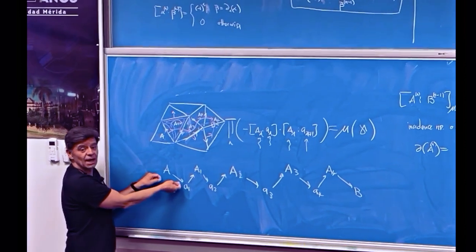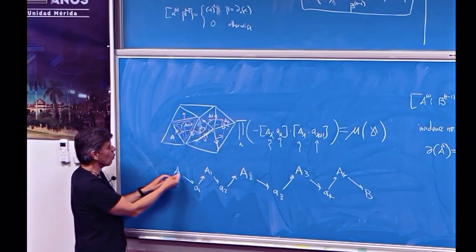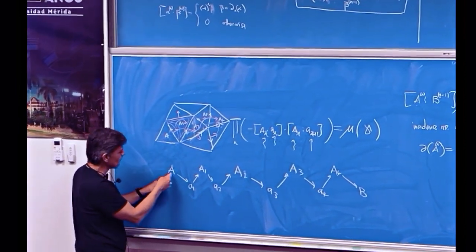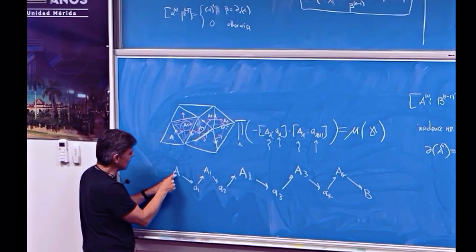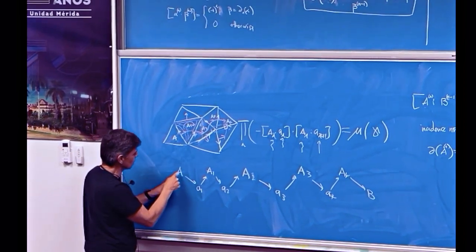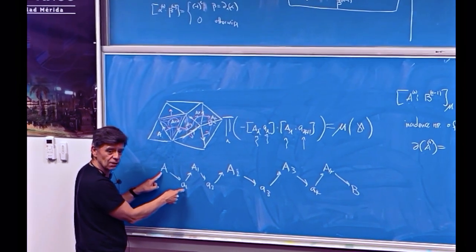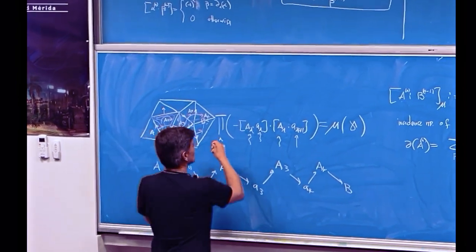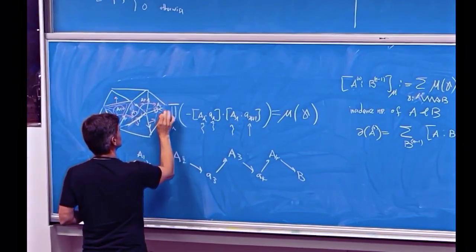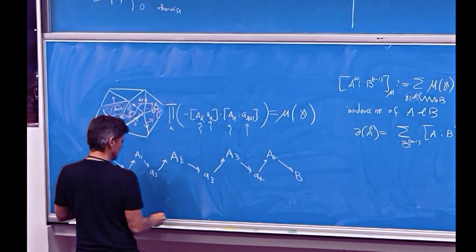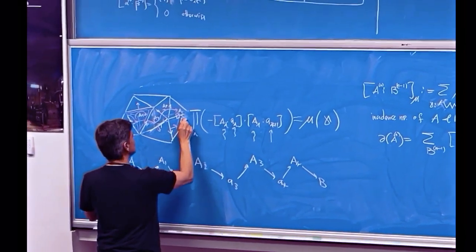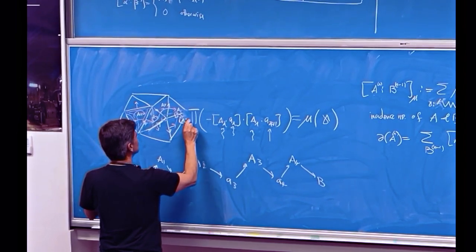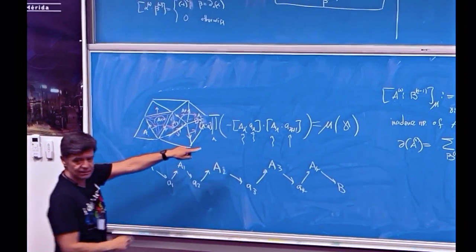But there is an additional piece of information here. What is the incidence number, the sign on this regular complex of A into little a1? And that is, you have to take into account, let me just erase that, the index of A into A times that.